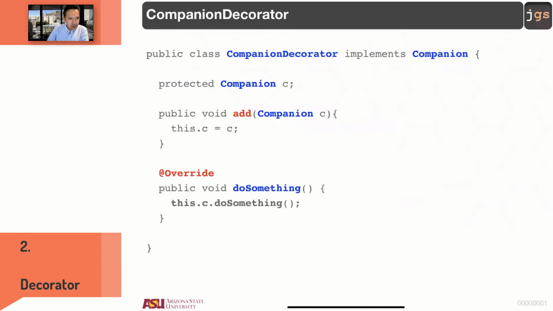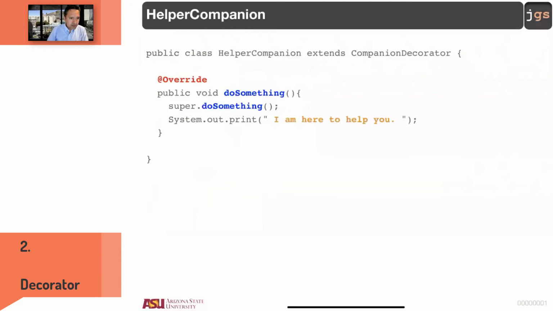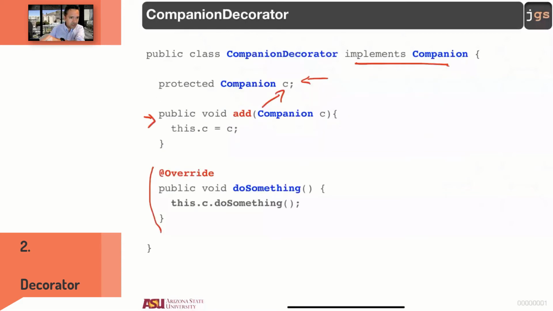This one has the relationship of inheritance and also aggregation. It does the inheritance, but it also has the variable that represents the decoration. Therefore, it does the override of the method because of the inheritance, but it also has this method add or set that provides a value for the variable.